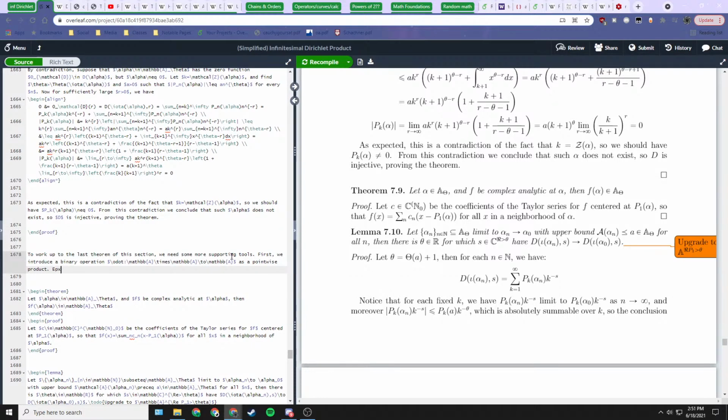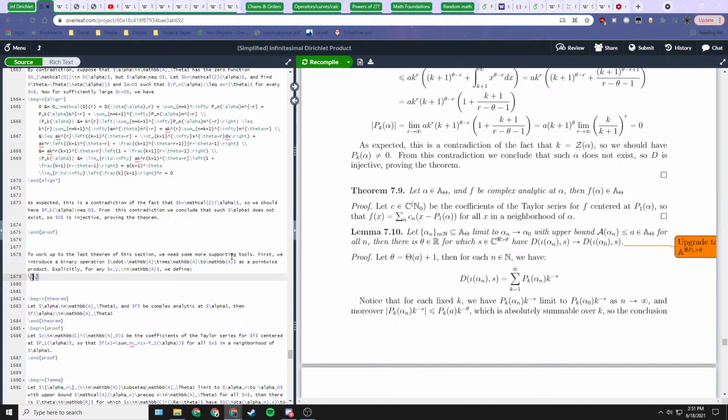So explicitly, for any x, y in A, we define x dot y as equaling the summation over n in the naturals of e sub n, p sub n of x, p sub n of y.